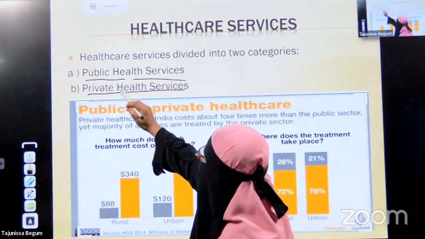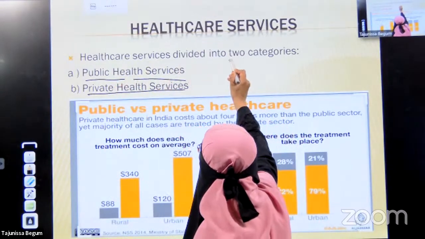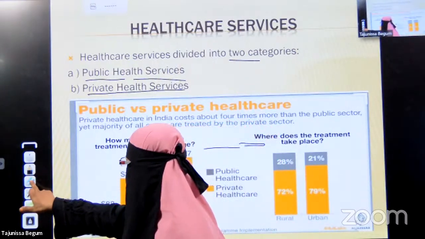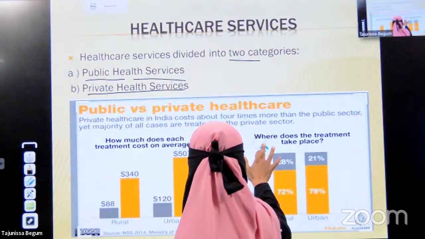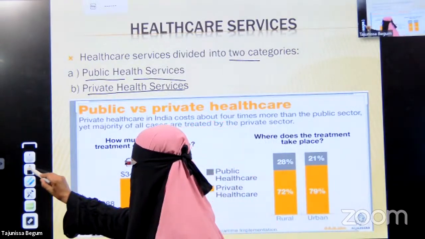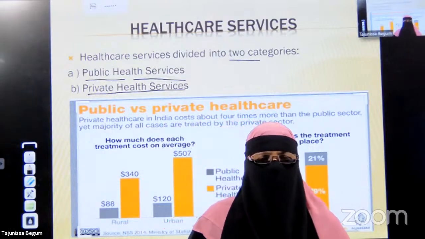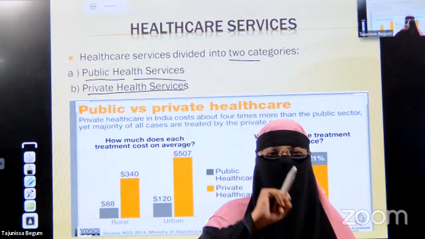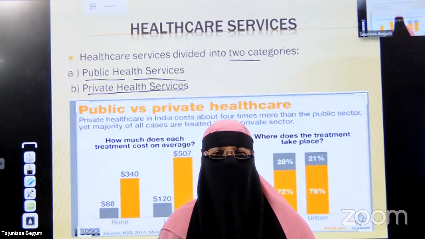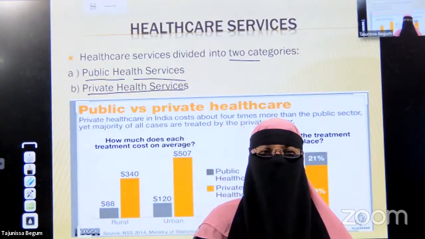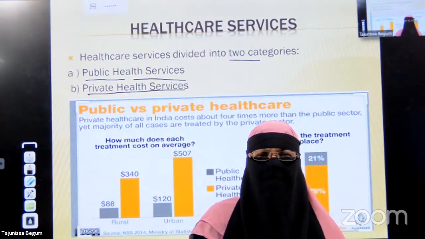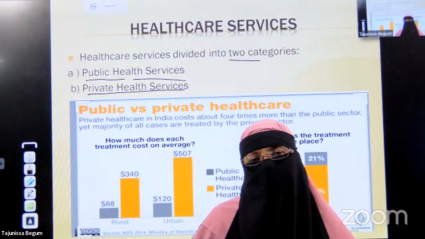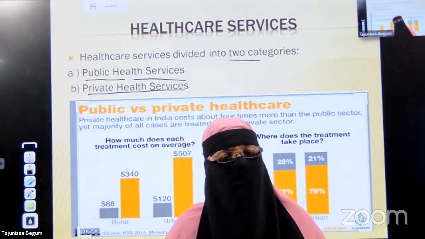Health services are divided into two categories. Tell me some hospital names in your area. For example, in our Hyderabad, we have government hospitals: Usmania Hospital, Gandhi Hospital, Nilofer Hospital. These are all government hospitals. Now tell me the private hospitals.